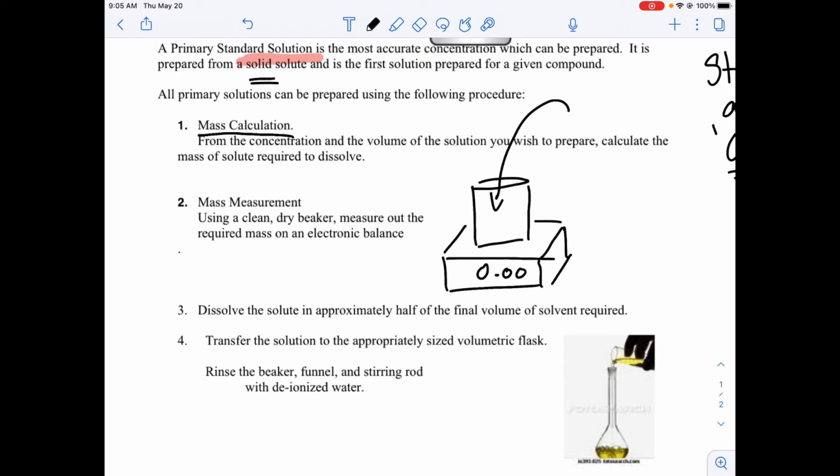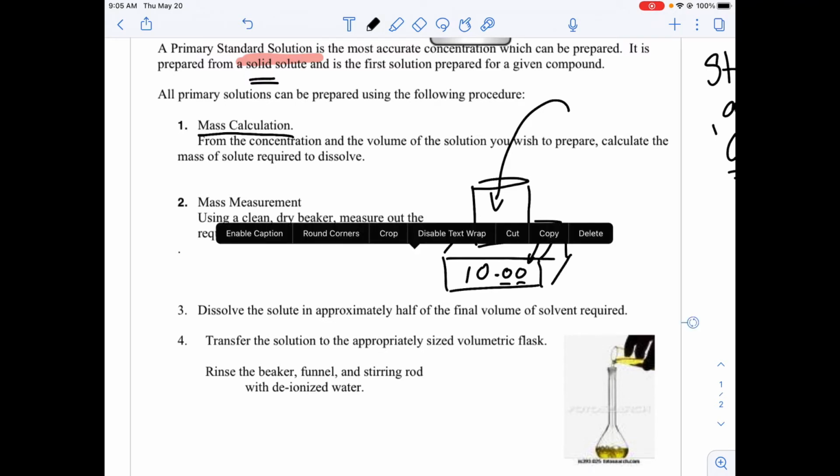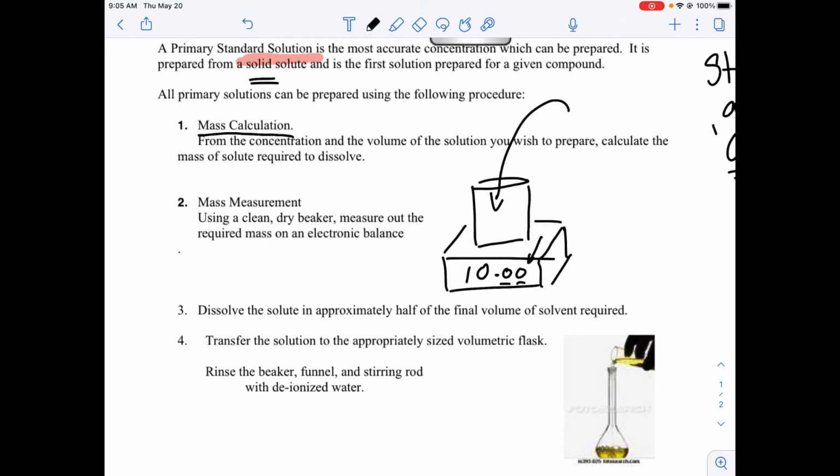That way I'm measuring exactly the mass of what's going in. In our class, we'll have 2 decimal places, and that last decimal place is how we decide how many sig digs we're going to have. Like, if I had 10.00 grams, that's 4 significant digits.